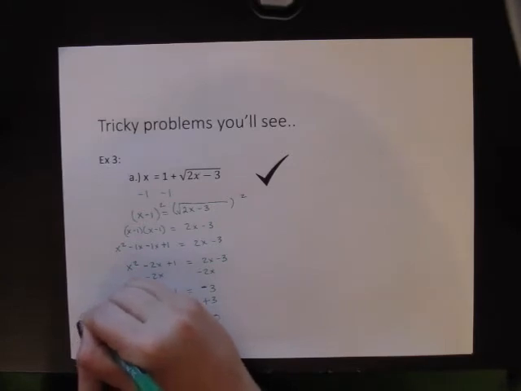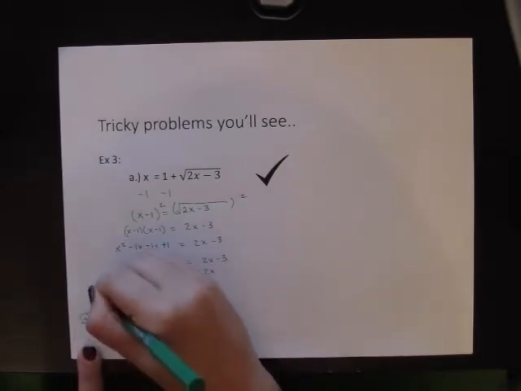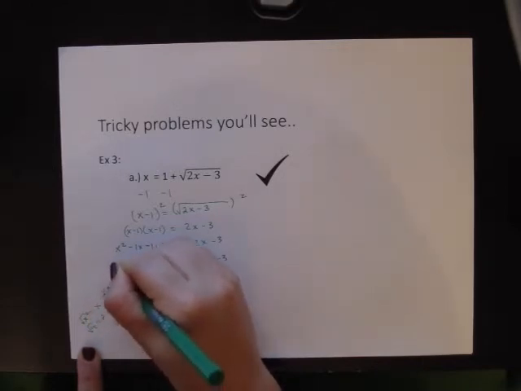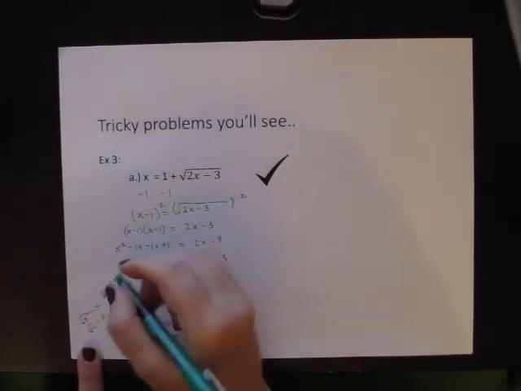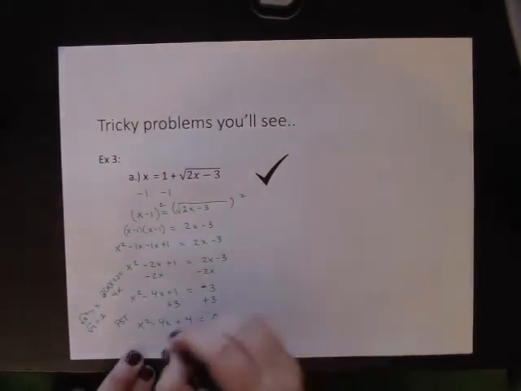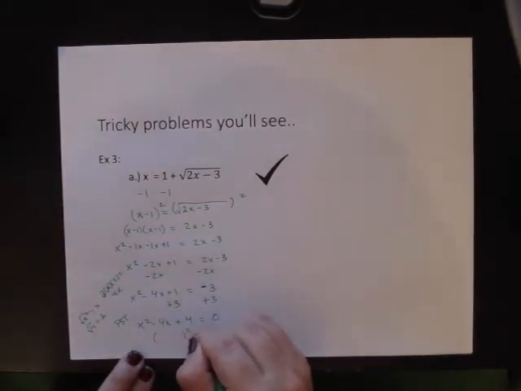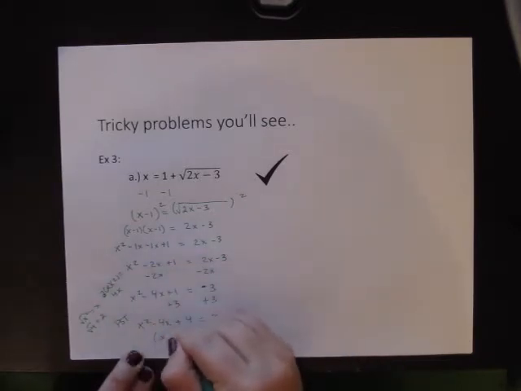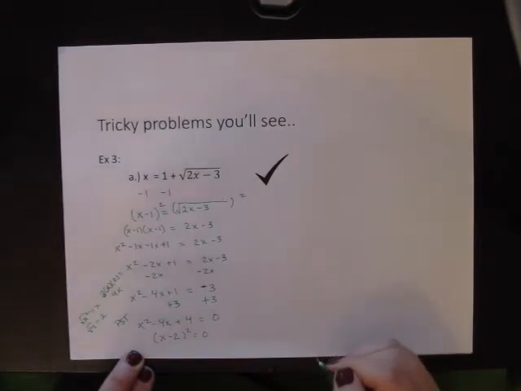I take the square root of 4, which is 2. Then I have to check it, so I go 2 times x times 2. It's always going to be that 2, remember? So 2 times 2 is 4x. So what this means is I have my binomial squared. And since this checks out, it's going to be x minus 2.